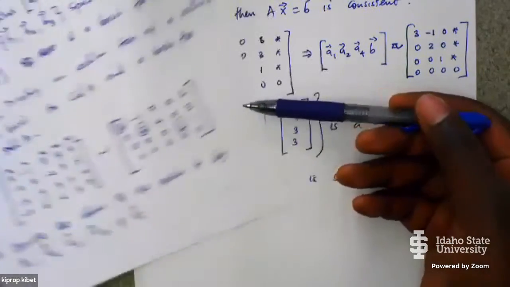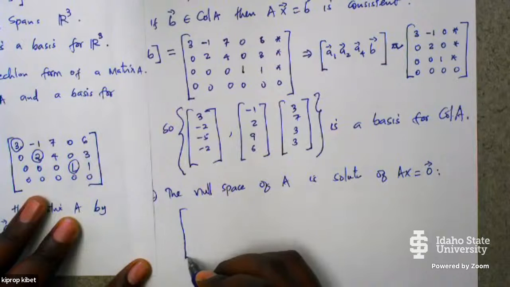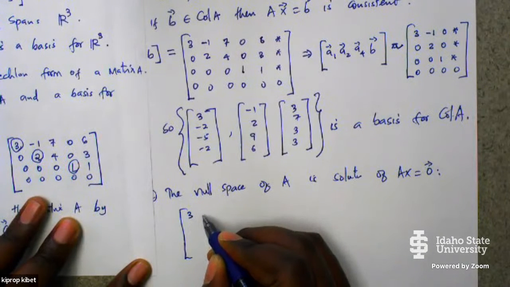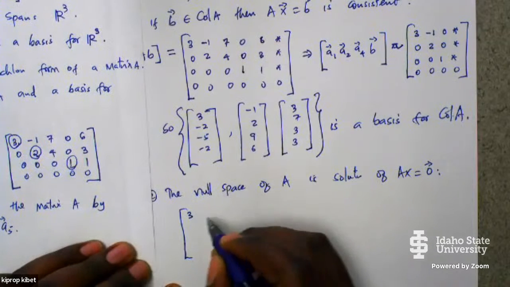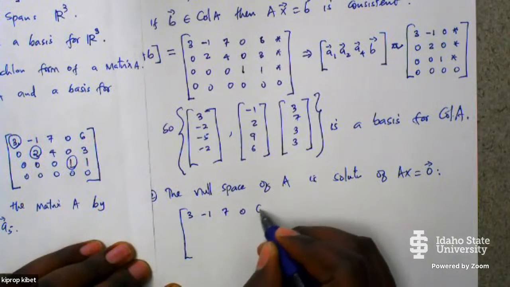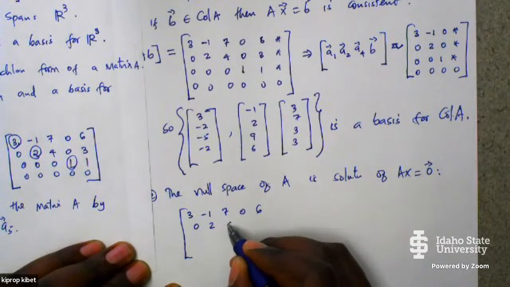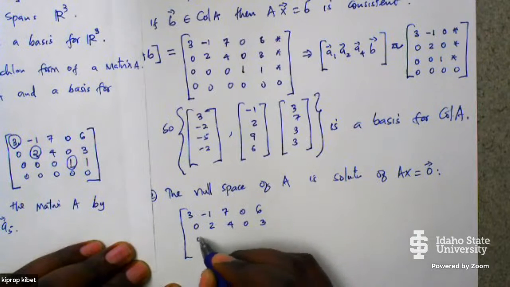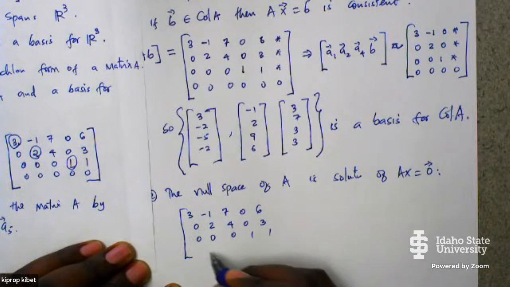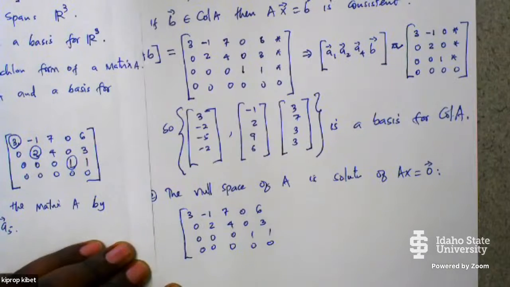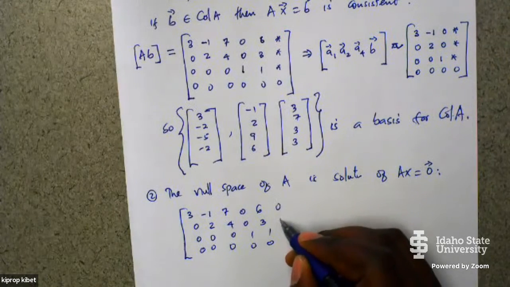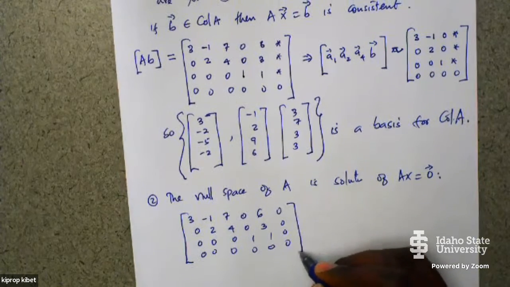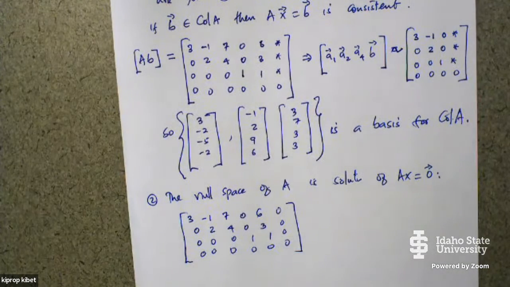So the solution here will be, you take 3, -1, 7, 0, and 6, then 0, 2, 4, 0, and 3, 0, 0, 0, 1, and 1, 0, 0, 0, 0, 0. And then you add 0, 0, because you need to solve AX equals 0.